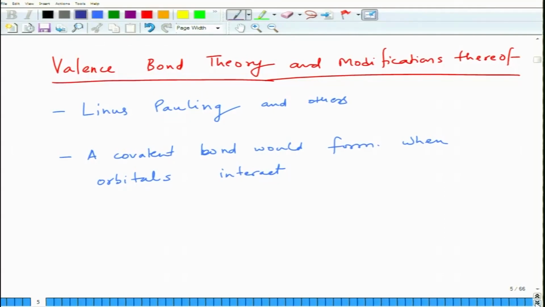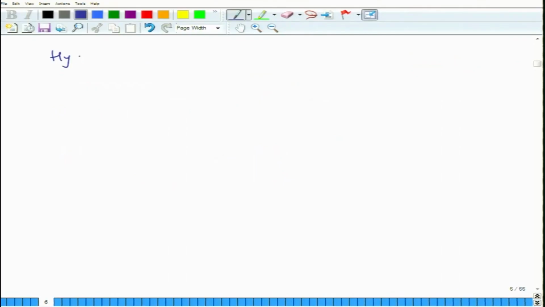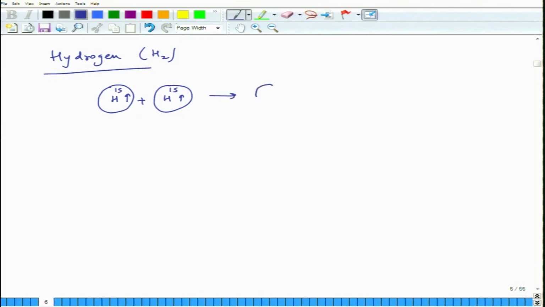So, for example, if you take the example of hydrogen, we know H atom is 1s and another H atom is again 1s, and if you put these two together, there is this overlap of orbitals, and when they interact with each other, one spin would be up, another spin would be down.